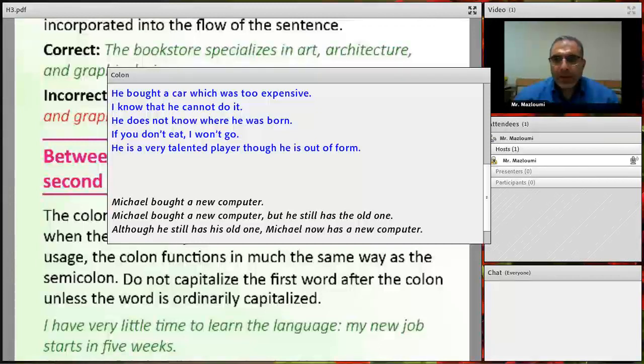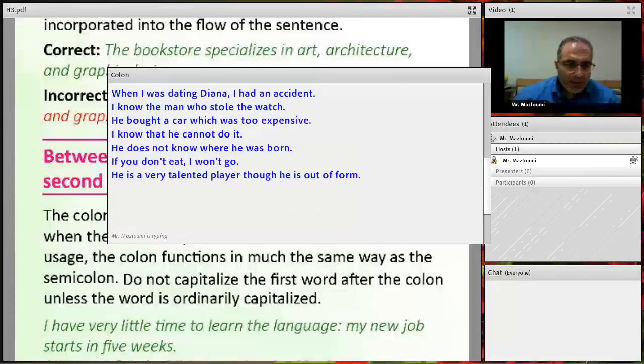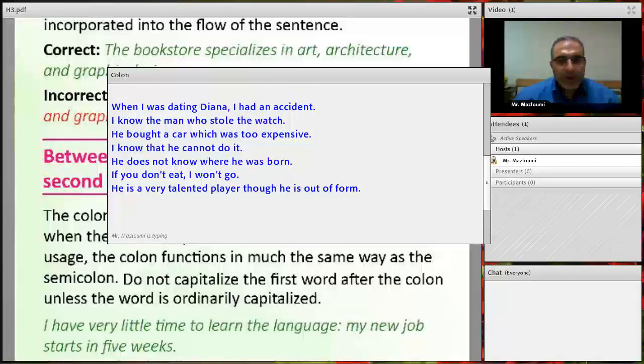Again, let me write them down here. So, everyone, there are two types of clauses in English.